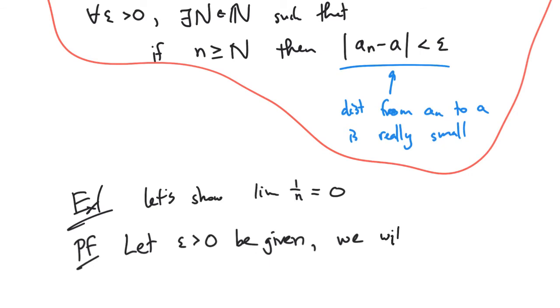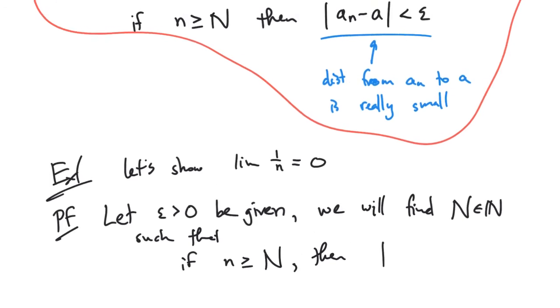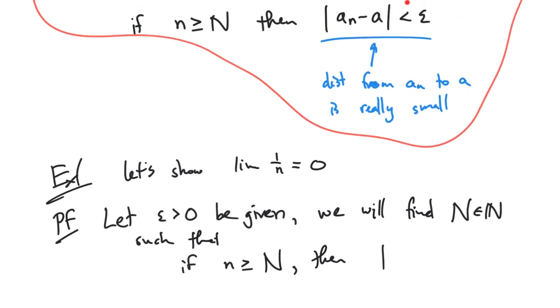We will find some big N, a natural number, such that if n greater than or equal to big N, then, over here I'm trying to copy what the definition says right up here, absolute value of an, which in our example is 1 over n.